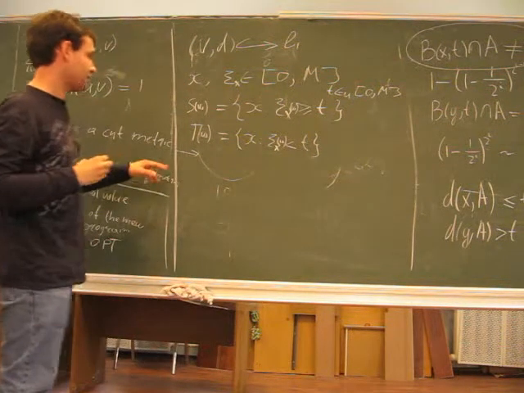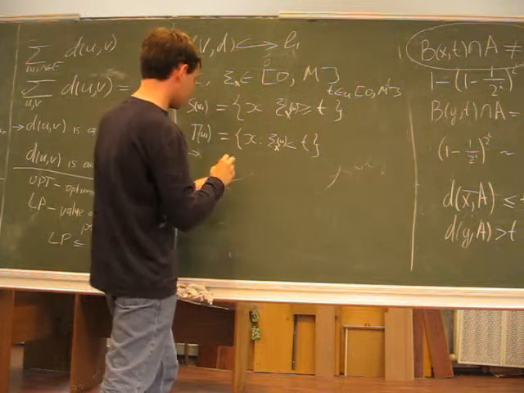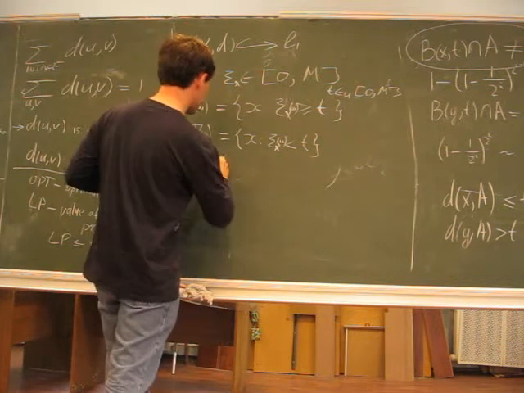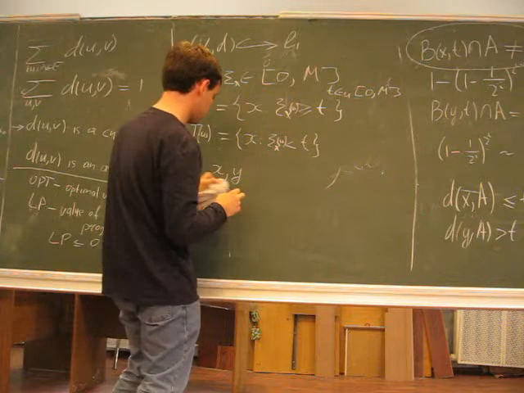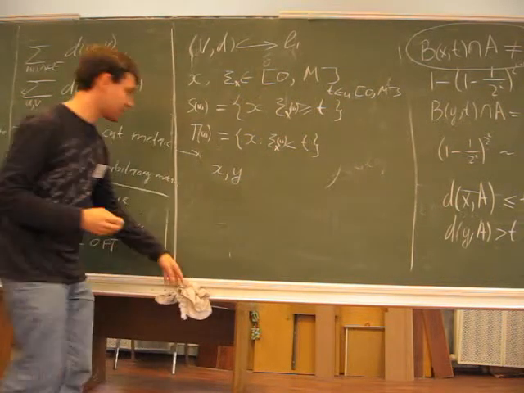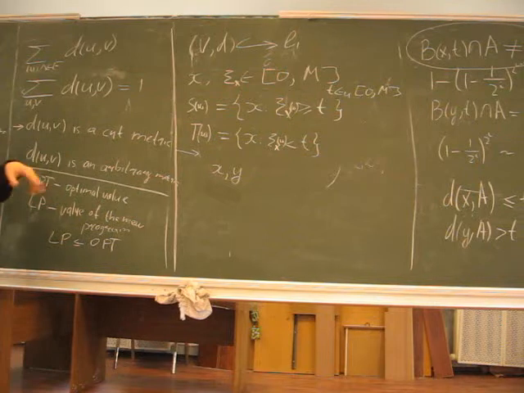So for a fixed pair, let's look at two points X and Y. What is the probability that the edge between them is separated?